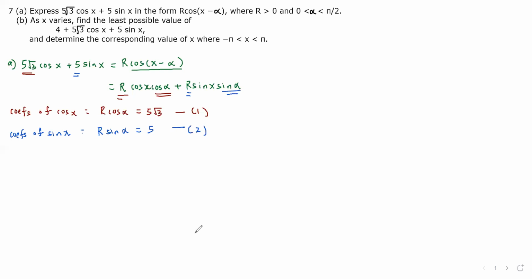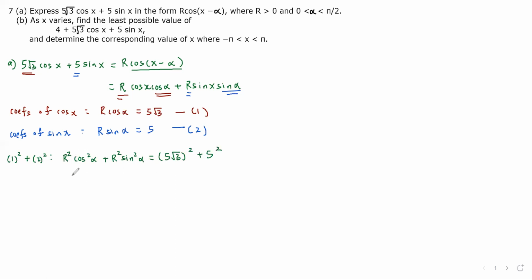We solve equation number 1 and equation number 2 to find the values of r and alpha. To find r, we take the sum of squares of equation 1 and equation 2, so that we have r squared cos squared alpha plus r squared sin squared alpha, which is the square of 5 root 3 plus the square of 5.